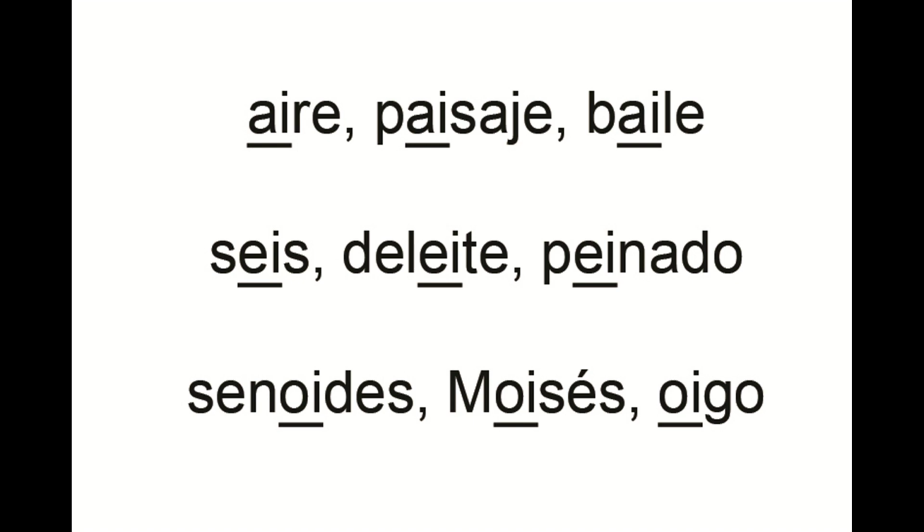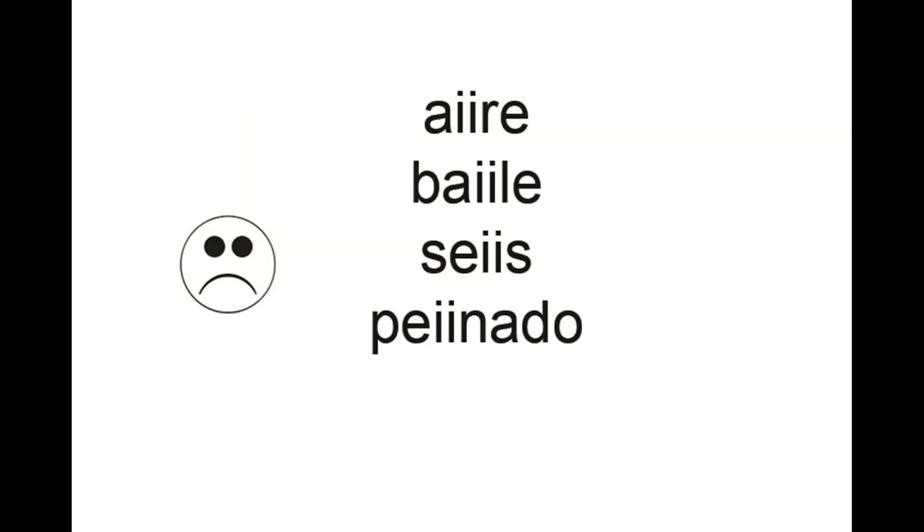English speakers don't seem to want to split these up as much as some of the other diphthongs, but they do tend to pronounce them wrong for other reasons. It seems as though they want to put too much emphasis on the letter I, producing awkward, elongated sounds. Aire, baile, seis, peinado.